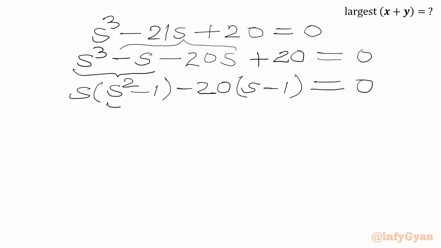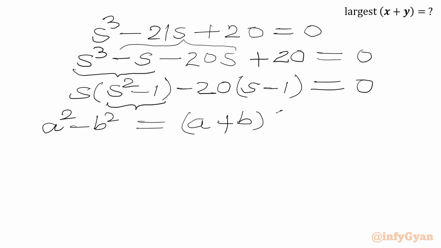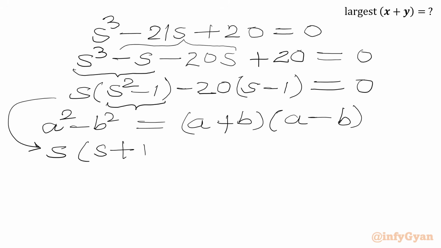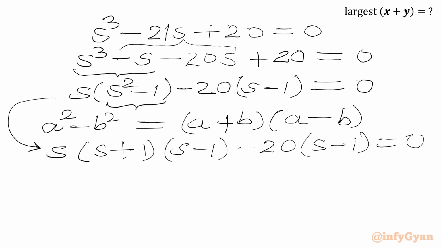Now we will use the difference of two squares formula here. Let me write the formula first. A square minus b square is equal to a plus b times a minus b. So I can write the equation S times S plus 1 times S minus 1 minus 20 times S minus 1 equal to 0.